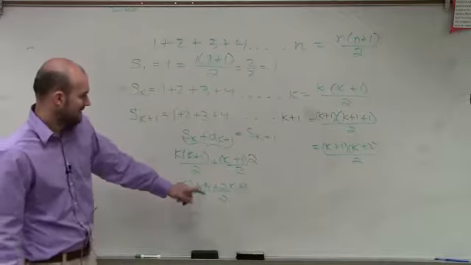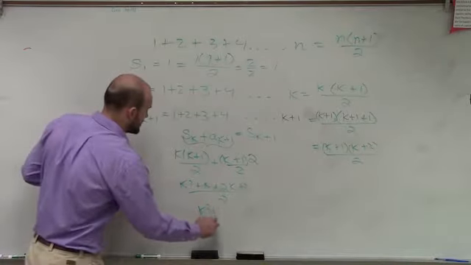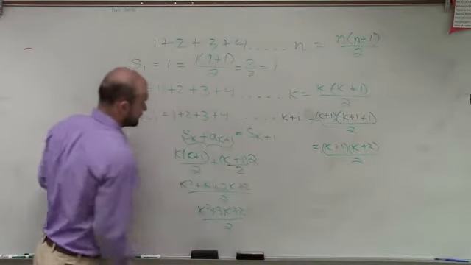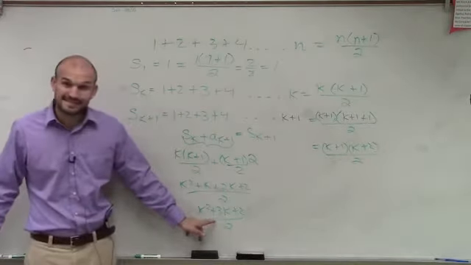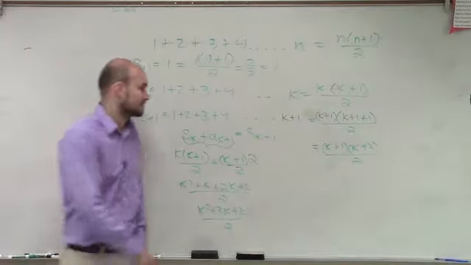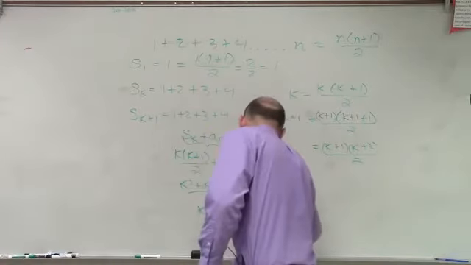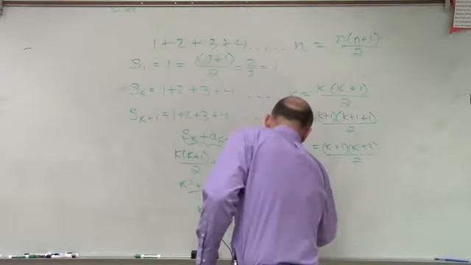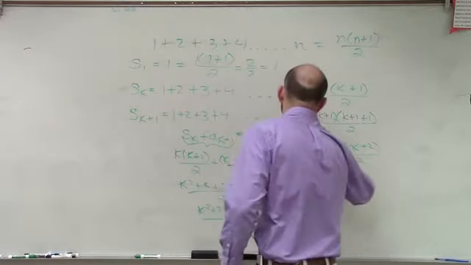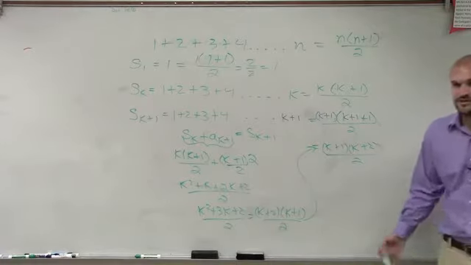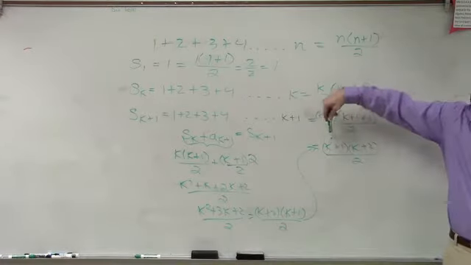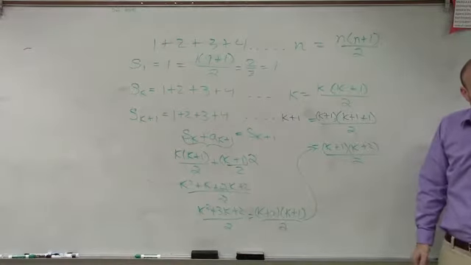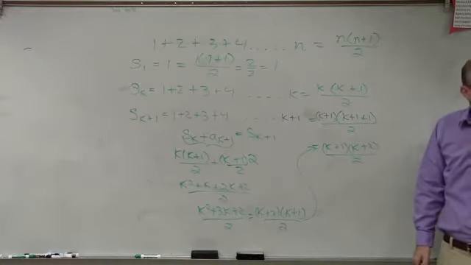Here I can add this up into k squared plus 3k plus 2 over 2. Then, ladies and gentlemen, you can see this can be factored into k plus 2 times k plus 1, which you can now see is exactly the same as S of k plus 1. So therefore, it's true. We have it true for our values.